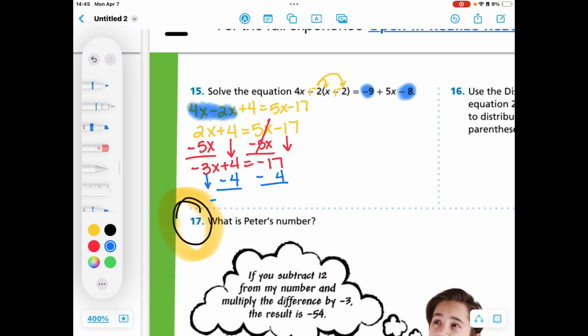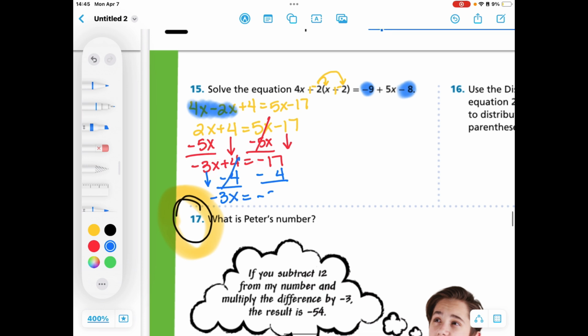This just drops, negative 3x, that canceled, equals a negative 21. Last but not least, divide by that 3 on both sides. X will equal a positive 7. Negative over a negative will be a positive. 21 divided by 3 is 7 as your final answer.